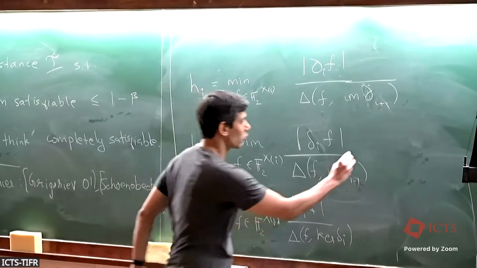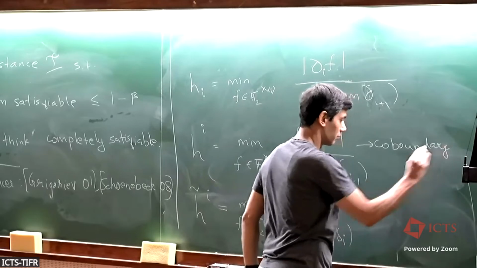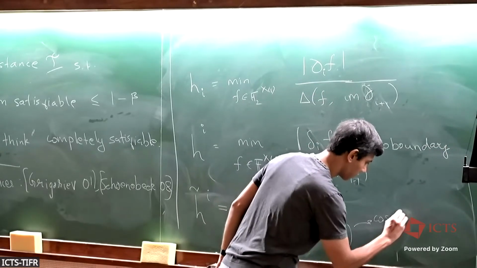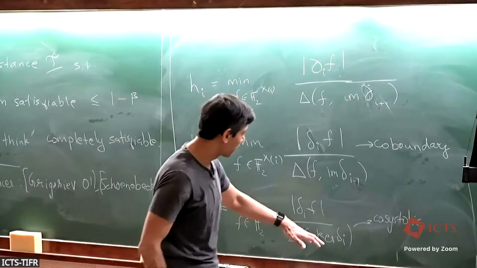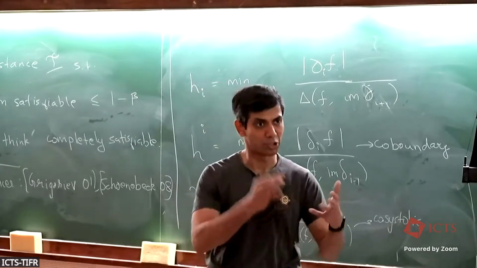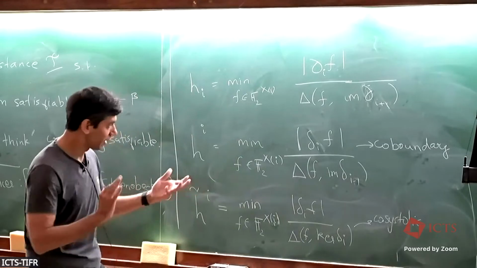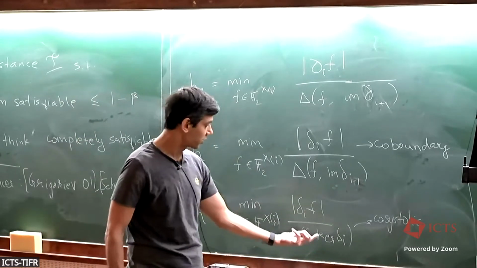This is sometimes called co-boundary expansion, and this is called co-systolic expansion. The fact that things in this kernel minus the image are large is what is called co-systolic distance. Pavel was talking about systolic distance. These are just names, but there's another nice interpretation of co-systolic expansion.